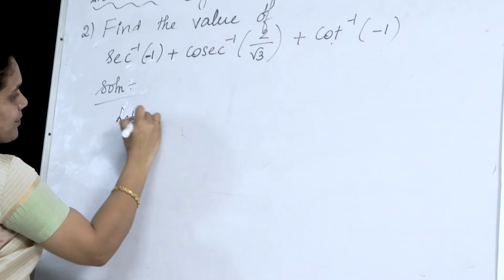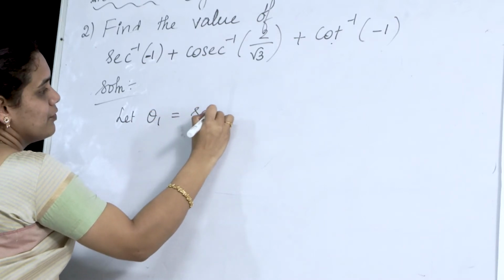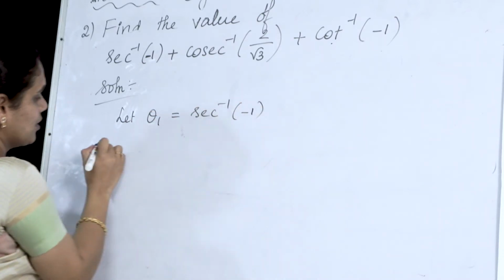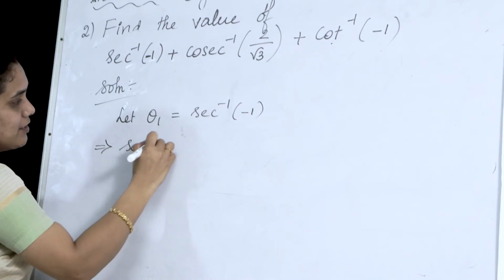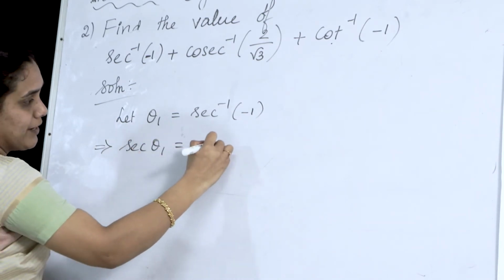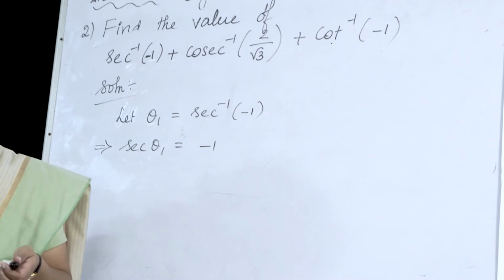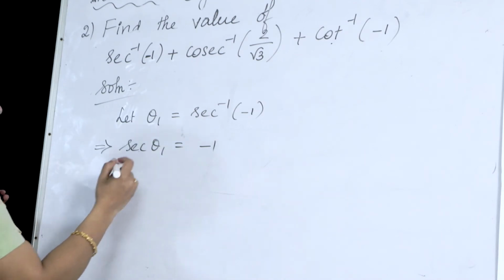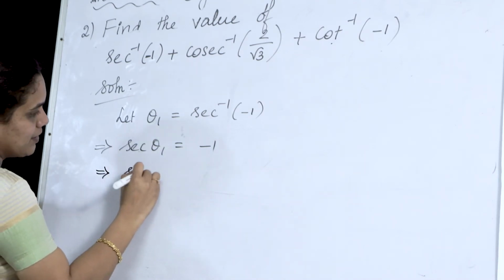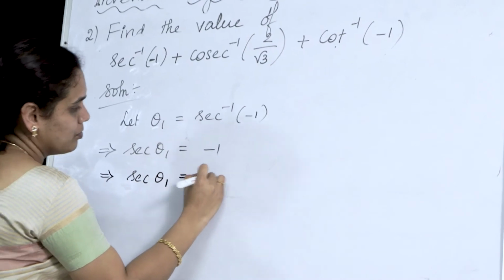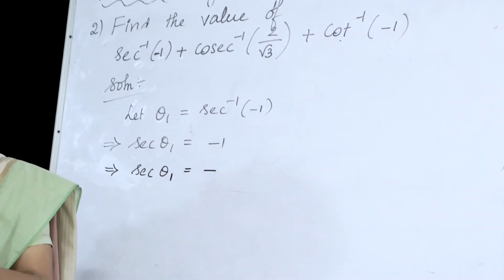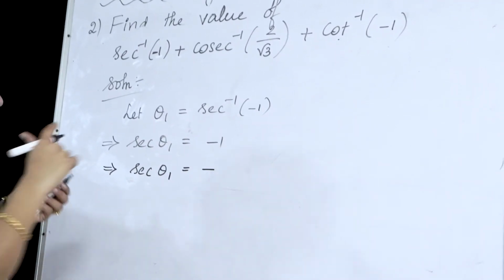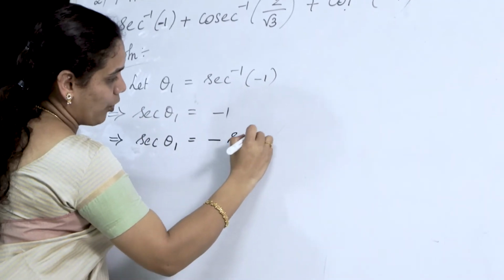So let theta 1 be equal to secant inverse of minus 1. So we can write this one as secant theta 1 is equal to minus 1. So this is secant theta 1 equal to minus 1, which angle of secant is 1? So that is secant 0, right?